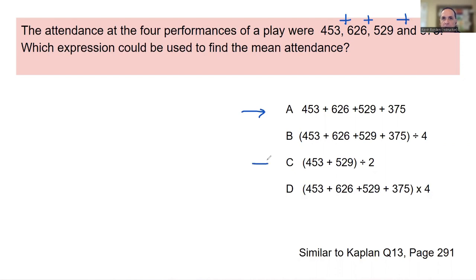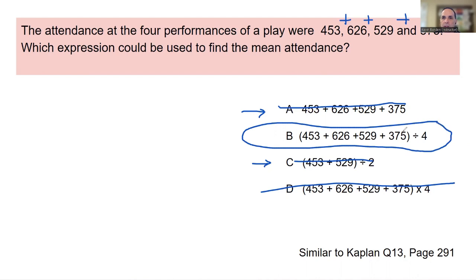This one's only adding 2 numbers and dividing by 2. This one's adding 4 numbers and multiplying by 4. So these do not make any sense. And this one fits exactly what we need to do. Add the 4 numbers. That's what the parenthesis does, is say do that first. And then finally, when you're done, divide by 4.